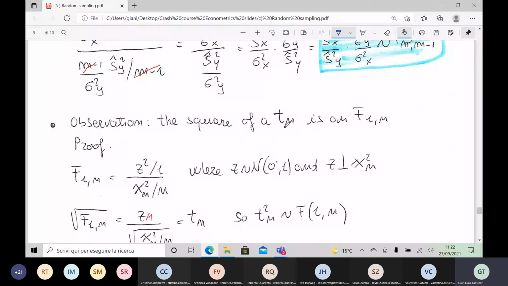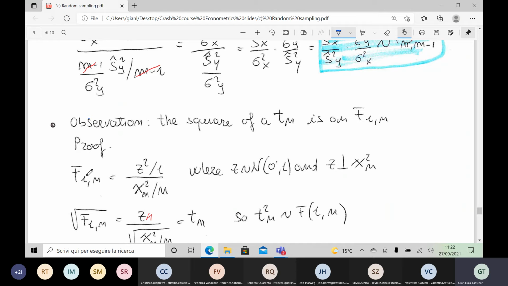In particular, guys, how can you define an F of Fisher with 1 and n degrees of freedom? Do it with me. By definition, an F of Fisher with 1 degree of freedom in the numerator means that in the numerator you must have a chi square with 1 degree of freedom divided by 1, which is the number of degrees of freedom.